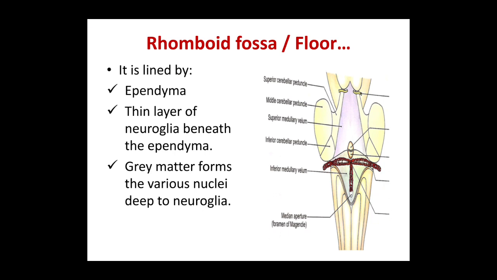It is lined by ependyma, a thin layer of neuroglia. Beneath the ependyma, gray matter forms the various nuclei deep to the neuroglia.